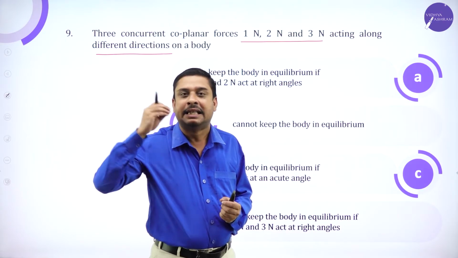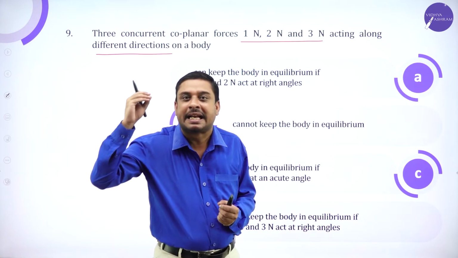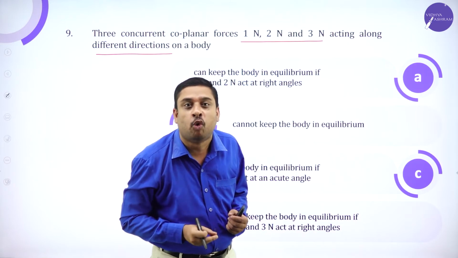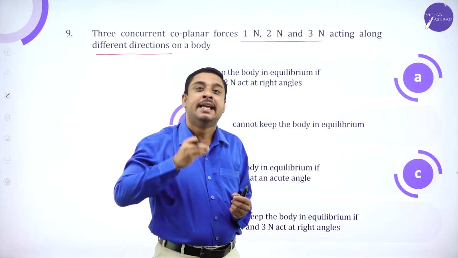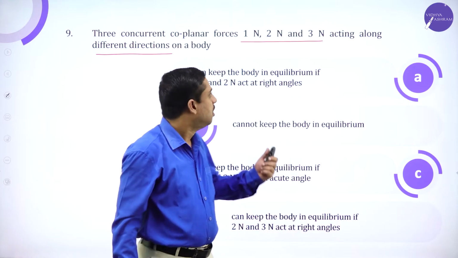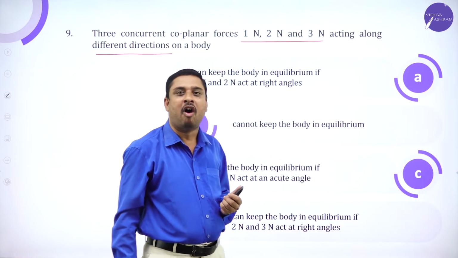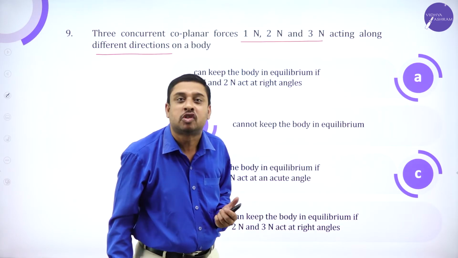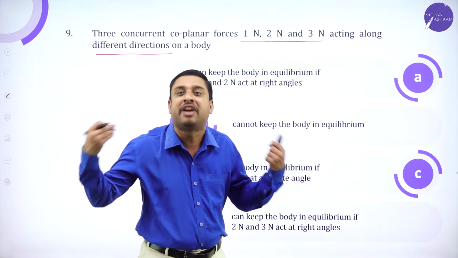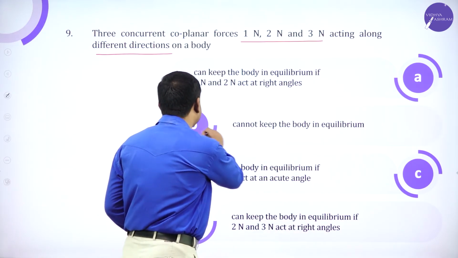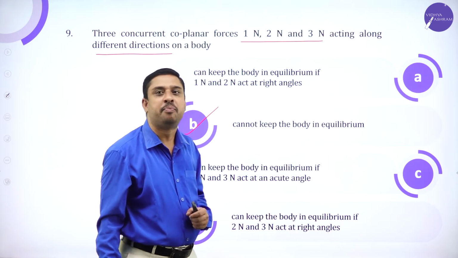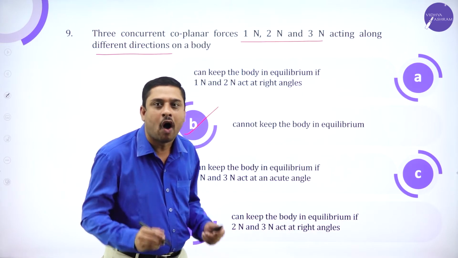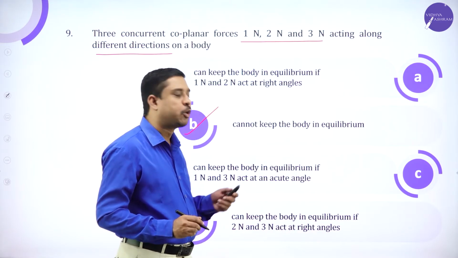Why? The third force, the resultant, may balance the other 2 forces. But very clearly here, all the 3 forces are acting in different directions, which means the system cannot be in equilibrium. These 3 forces cannot keep the body in equilibrium.